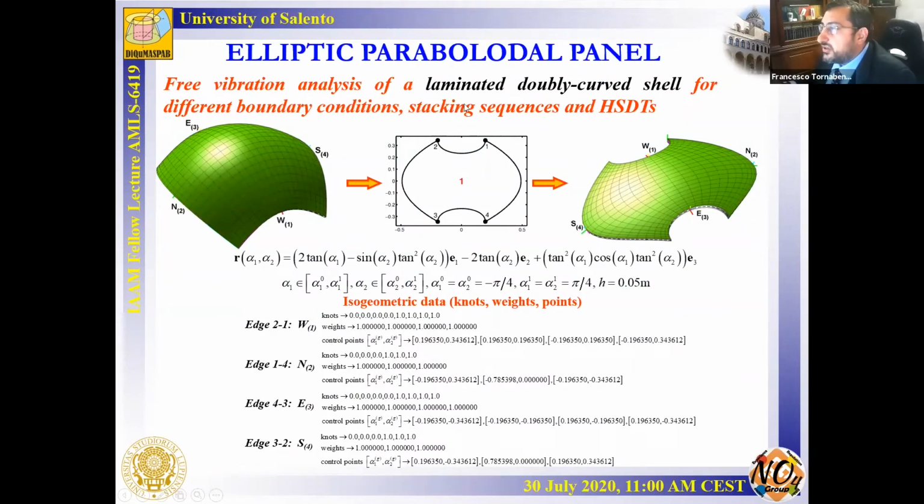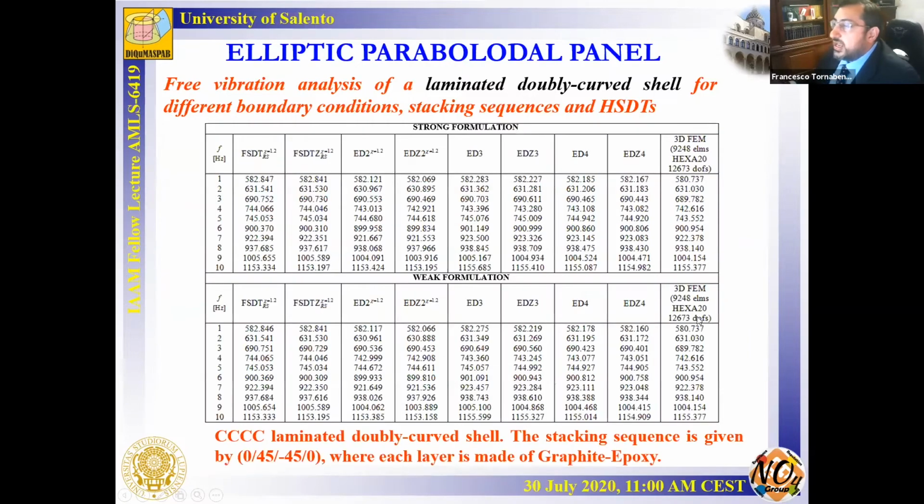I have considered laminated double-curved shells, and I have cut the distorted domain using this geometry and obtained these final shell structures. And here I have compared the strong formulation and the weak formulation using different kinds of higher order theories, and I have compared the solution using the 3D elasticity solution for a very complicated lamination scheme as reported on the slide.